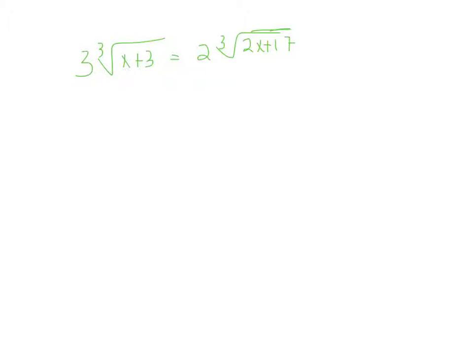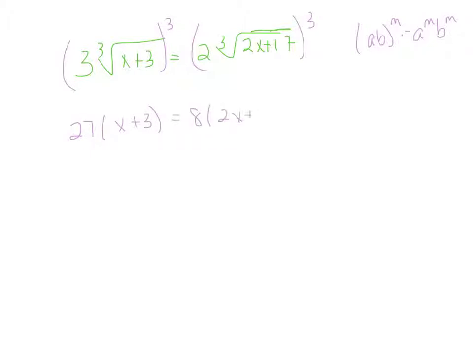So what I want to do is go straight into cubing both sides this time. We are going to be using the property that says if you have a product to an exponent, that exponent goes to everything in the product, meaning that the 3 is going to be cubed, so you get 27. The cube and the cube root cancel, so that's x plus 3. Then we get 8 times 2x plus 17.